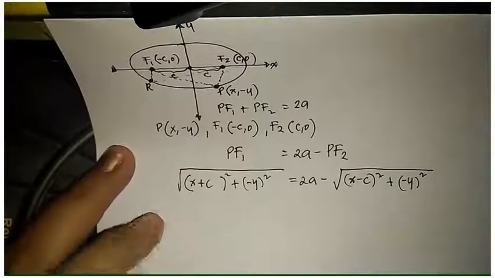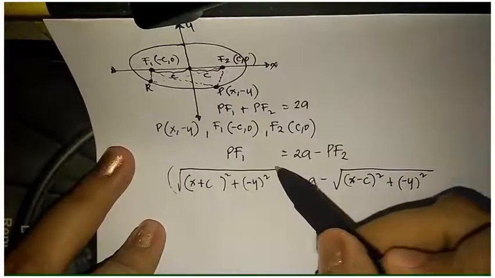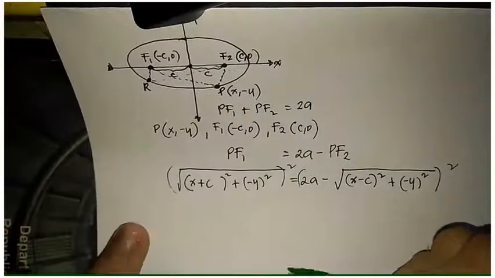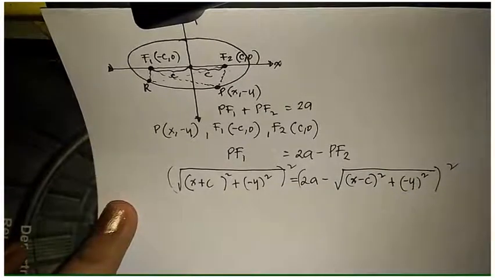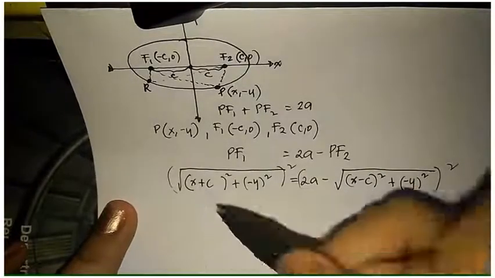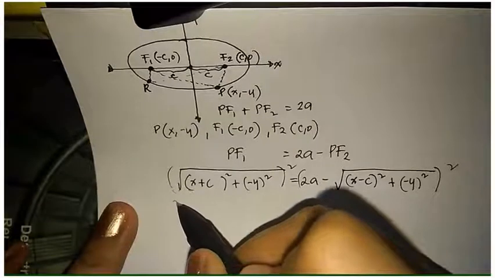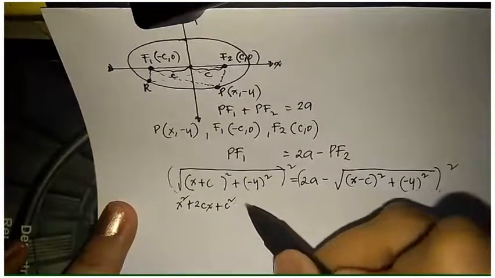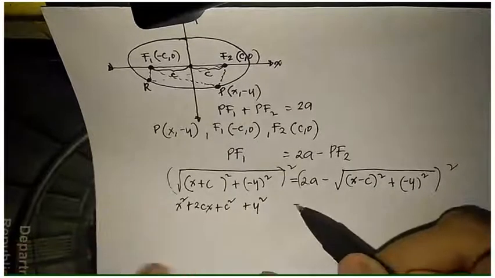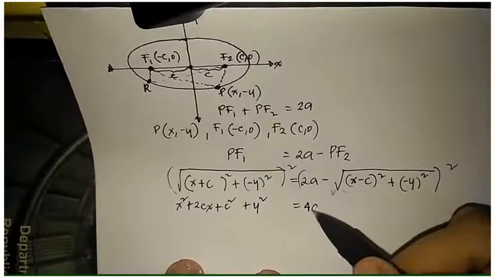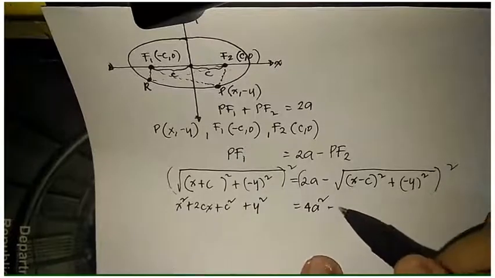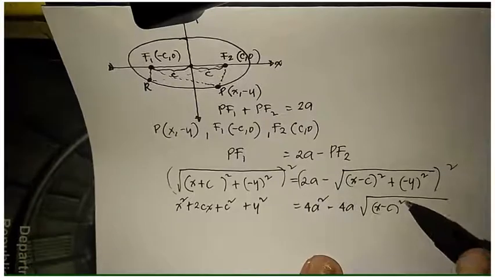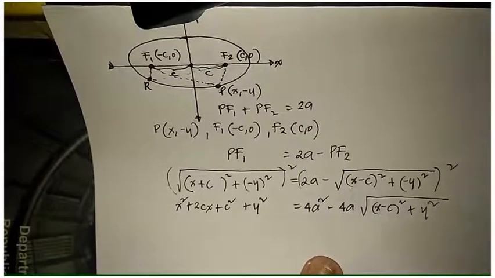Okay? And so now we square both sides of our equation to get rid of the radical sign here. So let's simplify this immediately. We have x squared plus 2cx plus c squared, and this is just plus y squared. Here, 2a squared is 4a squared, minus 4a times the square root of x minus c quantity squared plus y squared.